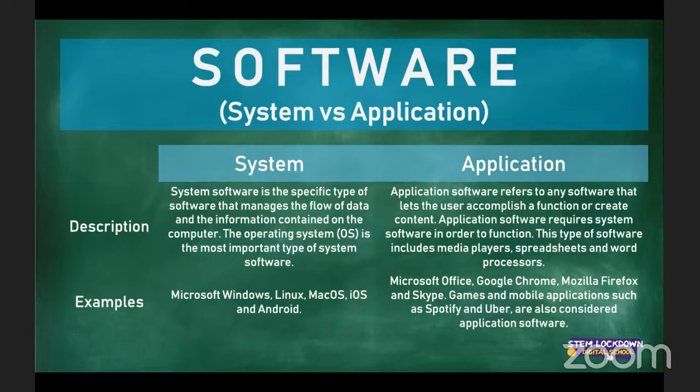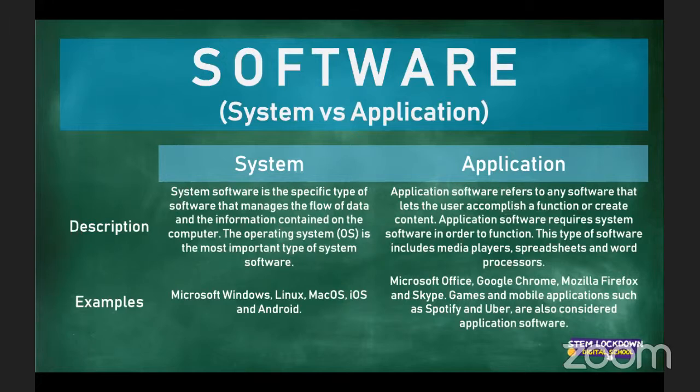These games and mobile applications, such as Spotify, Uber, they are also considered as application software. Okay, so basically the rule of thumb is this: is the application allowing you to perform a specific task? If we think of an operating system, it performs many different types of tasks.